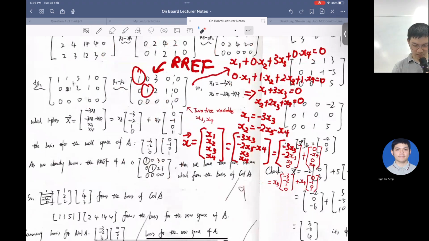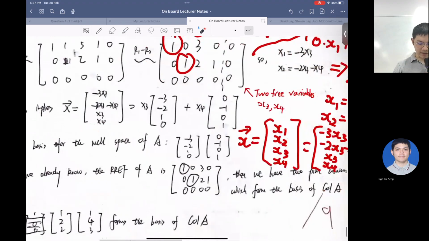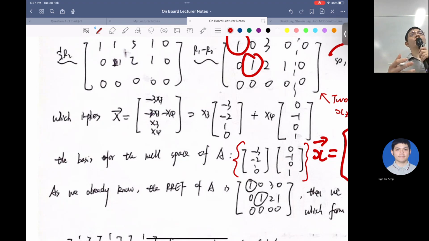Okay, so this is the basis of A. So as I said last time, basis is a set, so you really need to put a set notation. If you say basis consists of vectors, no need to put. If a basis is, then you need to put a set notation. Basis is a set, a set of vectors.